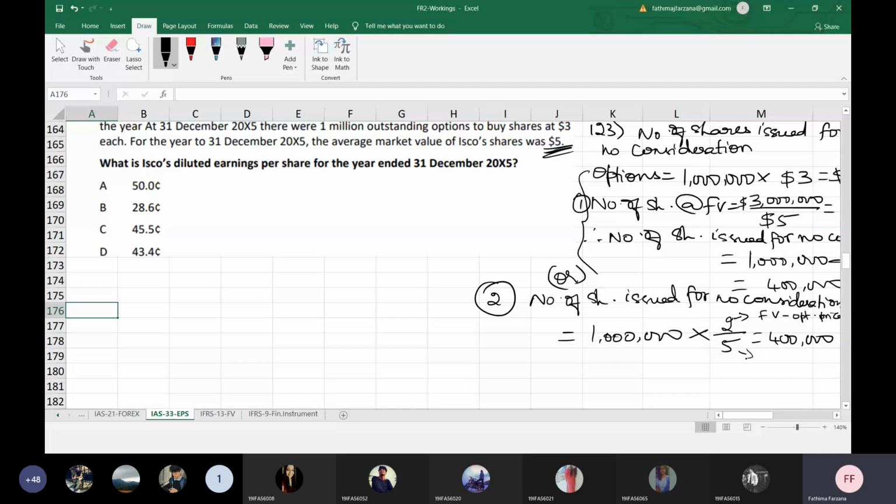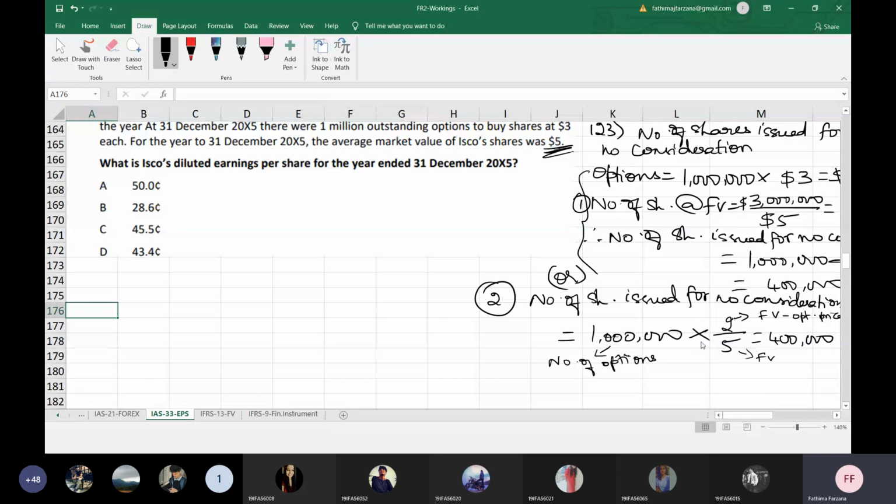This is nothing but fair value minus option price, divided by fair value, and this is the number of options. You can take the formula I've already given: number of options into fair value minus option price divided by fair value. So you get 400,000 free shares.